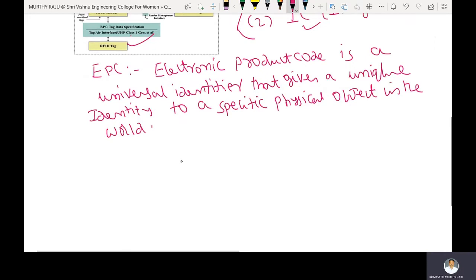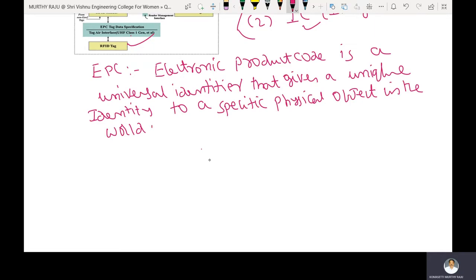Electronic product code is a 96-bit format. That format is divided into different fields: header field, manufacturing company, and the product's serial number. Specifying the product means classification of objects. And finally, serial number.